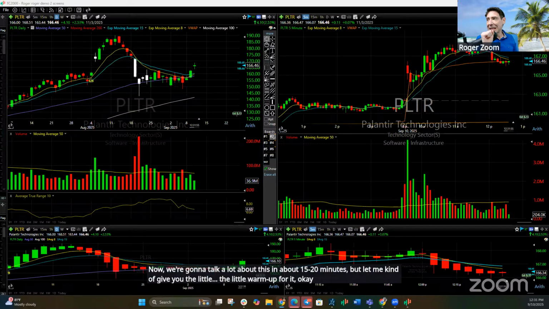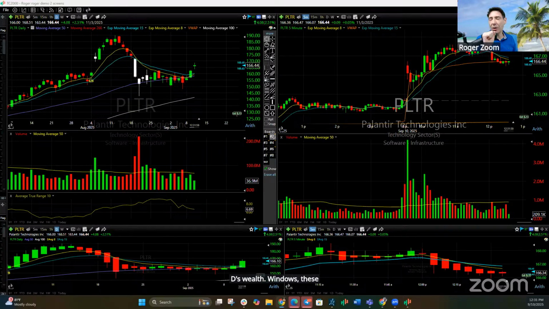These wealth windows are 5 or 10-day periods, basically a 1 or 2 week period, where I'm looking for specific stocks to really, really move, like move a lot.